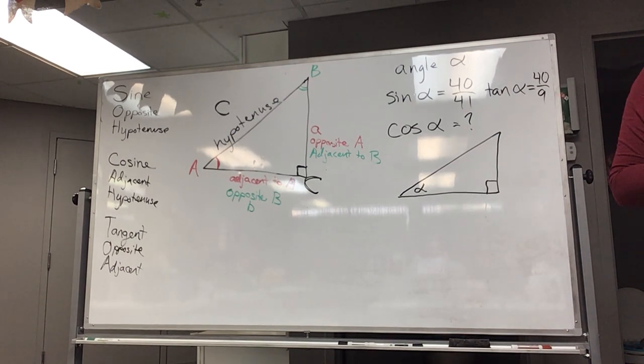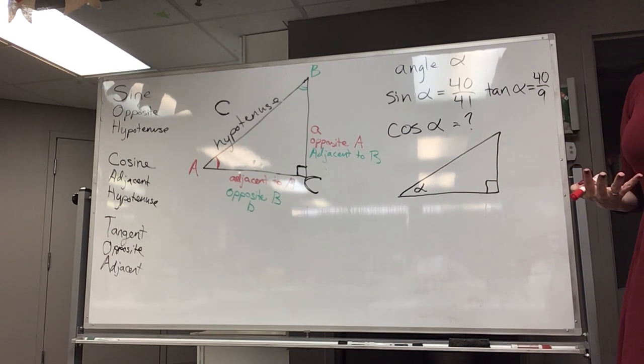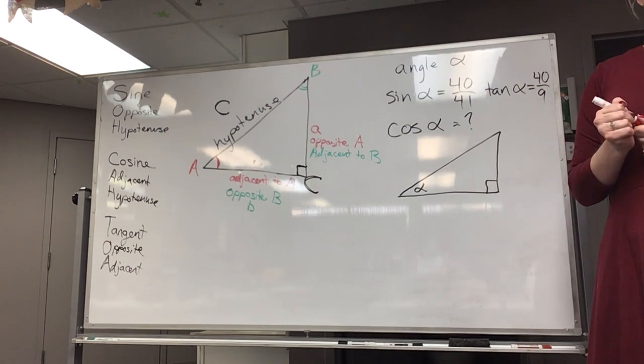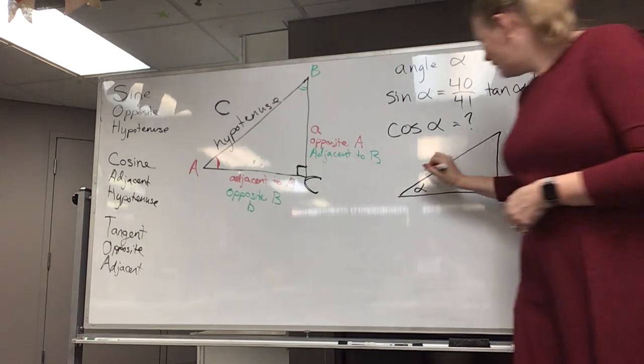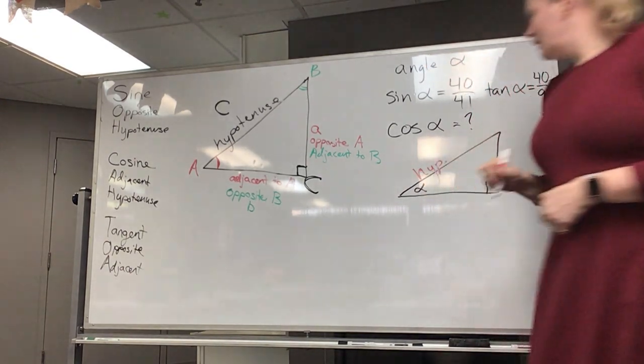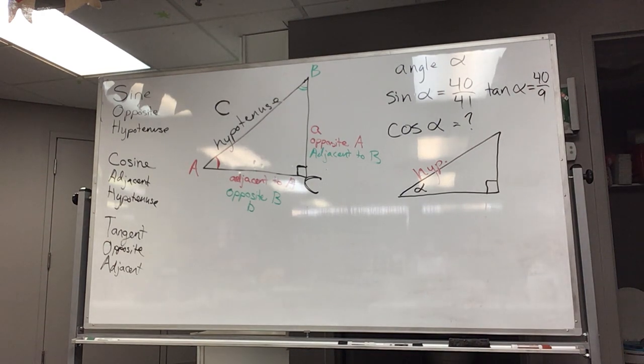I am always going to say find the hypotenuse. The hypotenuse is the one that does not change. The hypotenuse is very, very consistent. So which one is the hypotenuse? The slanty one. And if you get lazy like me, you stop writing out the word hypotenuse.